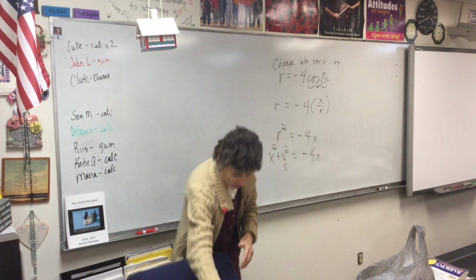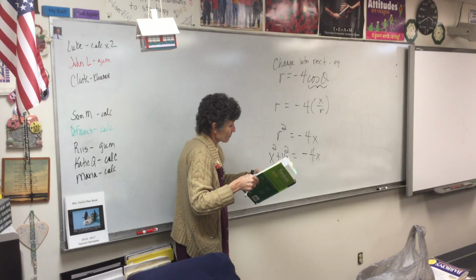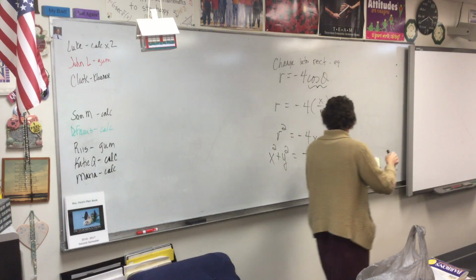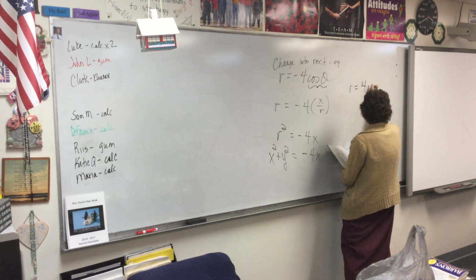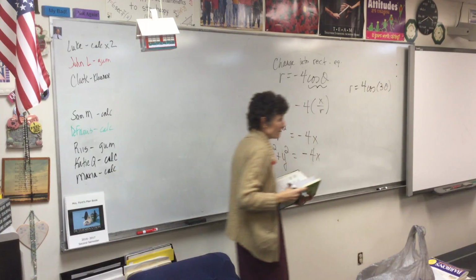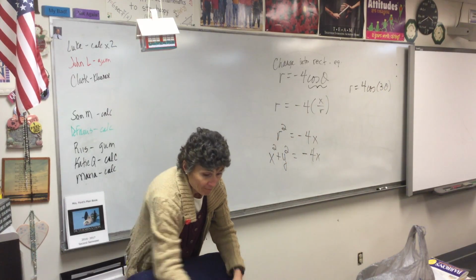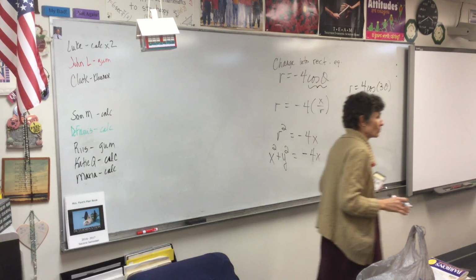Okay? Now, I'm just going to pull an equation out of the book here, and we're going to graph it. So we're going to graph this equation. So go to y equals, whoa. It's not y equals anymore.